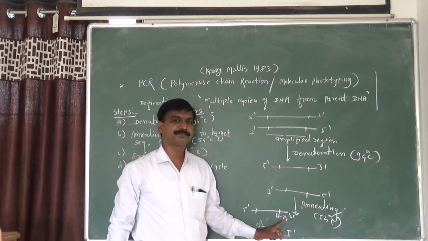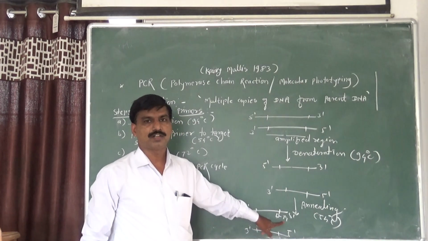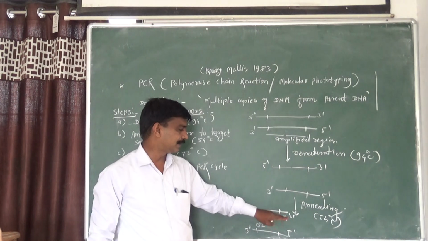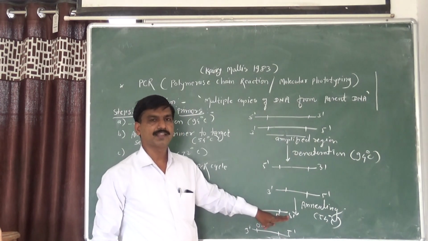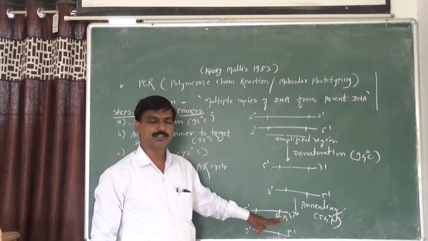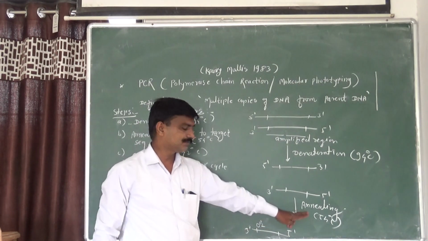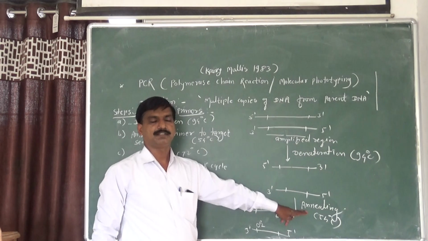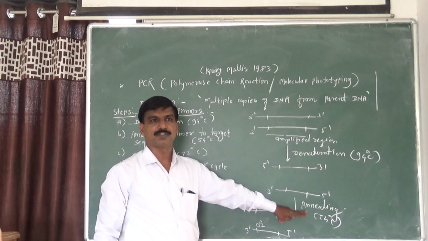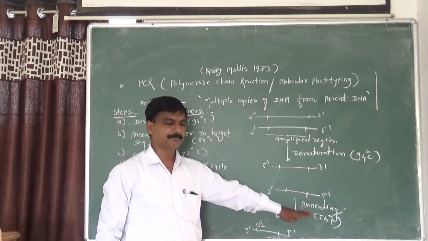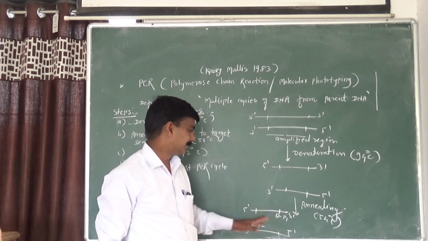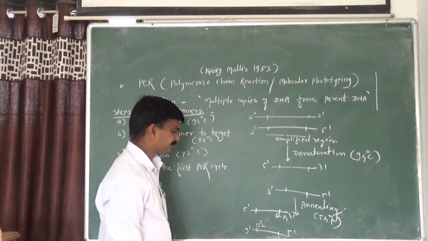Here, a primer is a short DNA sequence that can be attached to the 3' end, which is free. This is the process of annealing: the primer is attached to the target 3' end at 54 degrees centigrade.